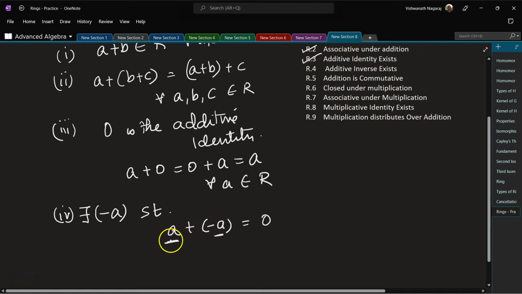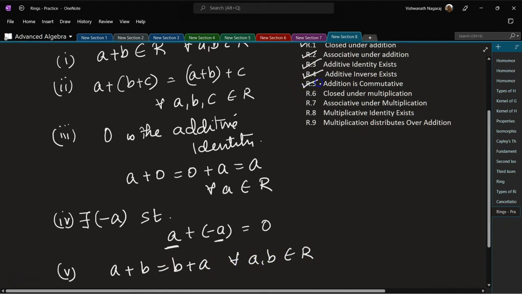So if you add the element and its inverse, we get the additive identity. So additive inverse exists. Addition is commutative. Again, we know a plus b is equal to b plus a for all a, b belonging to R. Okay. So addition is commutative.